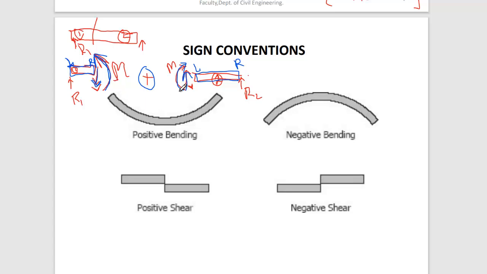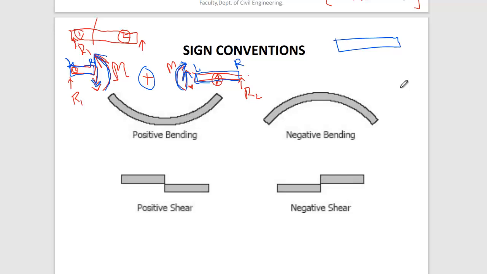That is the convention we consider. And if you start from the left side, upward shear is positive and clockwise moment is positive.